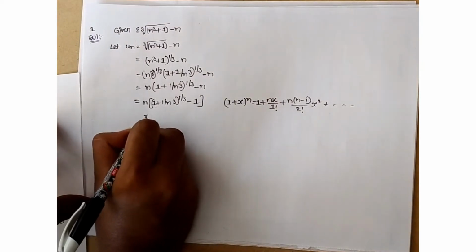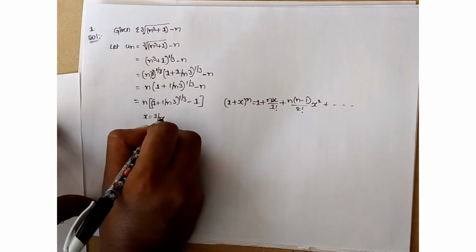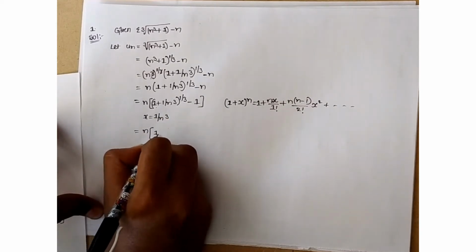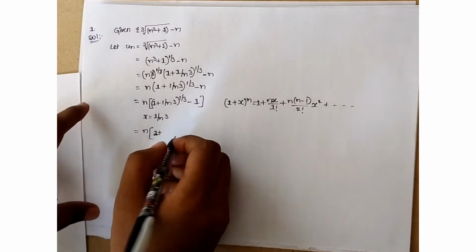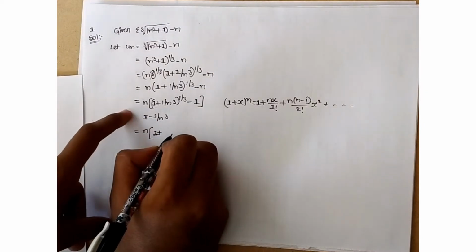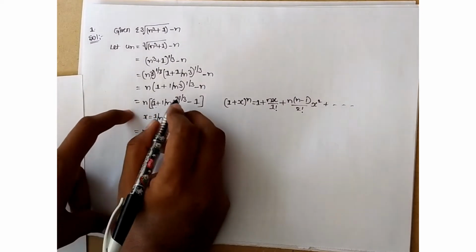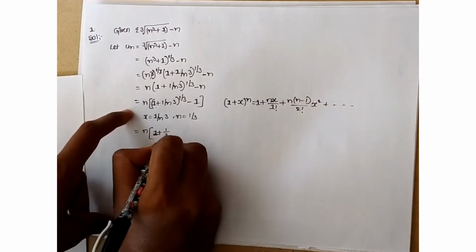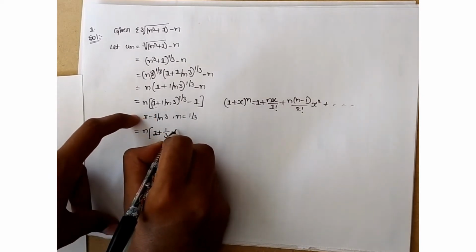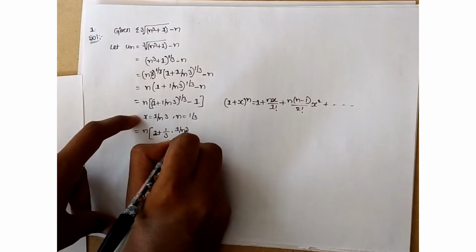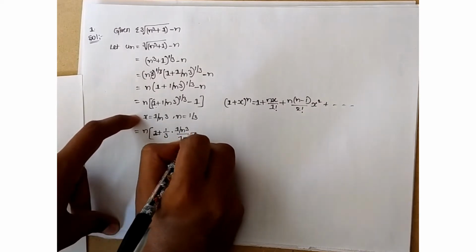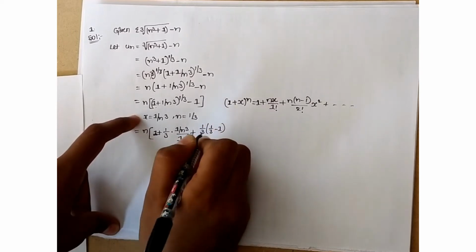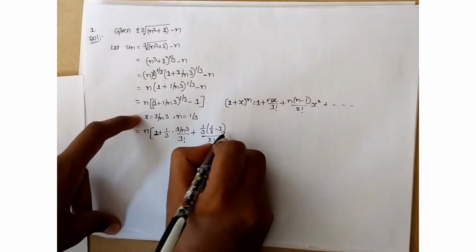Here x equals 1 by n cube, so n into (1 plus, here power n equals 1 by 3, 1 by 3 into x which is 1 by n cube by 1 factorial, plus 1 by 3 into 1 by 3 minus 1 by 2 factorial into x square.